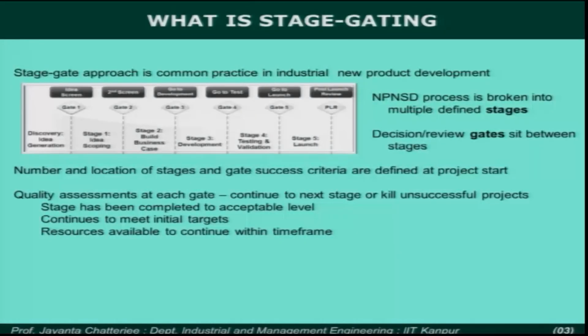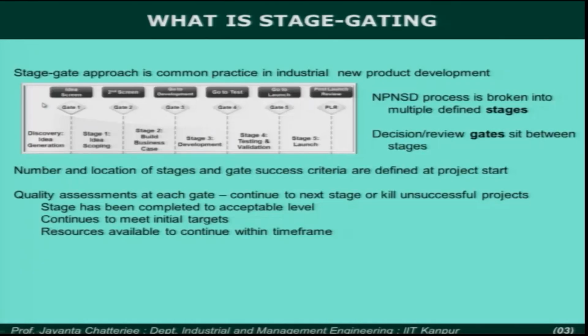The stage gate process is also very popular in managing new products in the B2B business, that means industrial. So, industrial new product developments usually lend a better framework for use of this stage gate system.